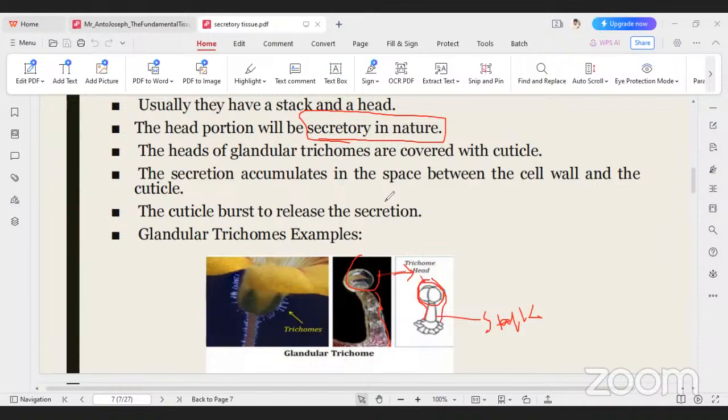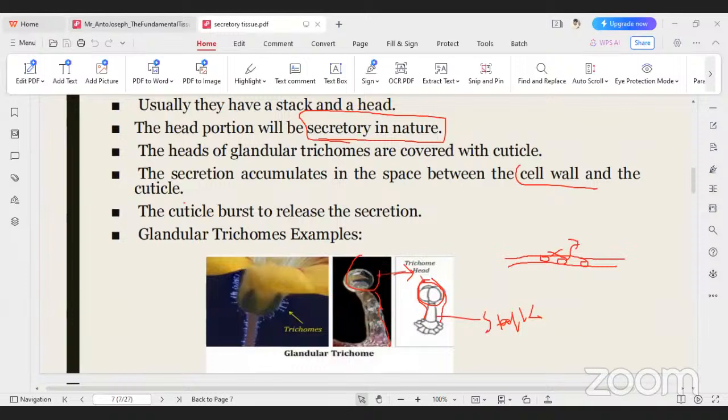The secretion accumulates in the space between the cell wall and the cuticle layer. For example, this is the cell wall layer, which is covered by the cuticle layer. In the glandular cell, the secretory chemical substances are deposited between the cuticle layer and the epidermis. If the cuticle bursts, these chemicals are released.